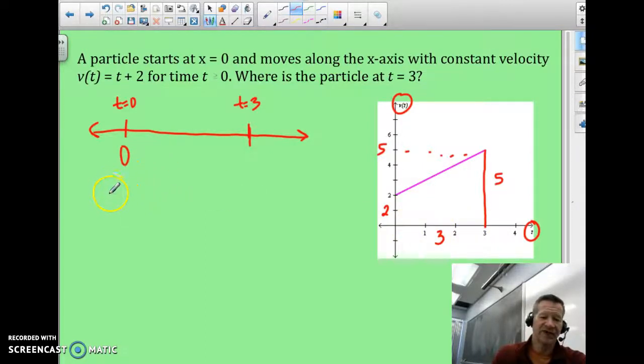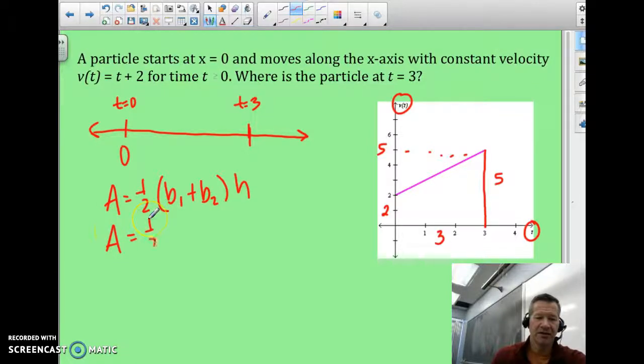So we can find the area of a trapezoid using the common equation 1/2 base times height, but a trapezoid has two bases that have to be added together. So it's similar to a triangle, the 1/2 base times height. So 1/2, add the bases 2 and 5 together, and then multiply that by the height of 3. And we can find out that that would be 7 times 3 is 21.